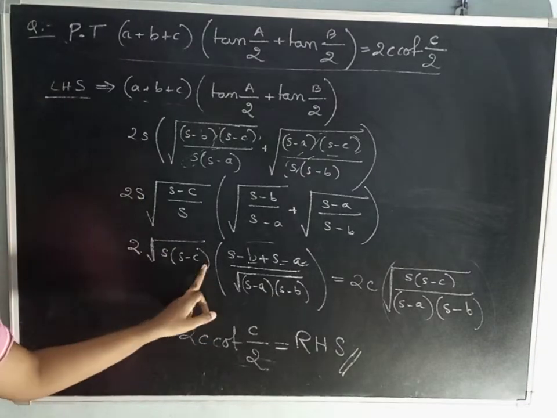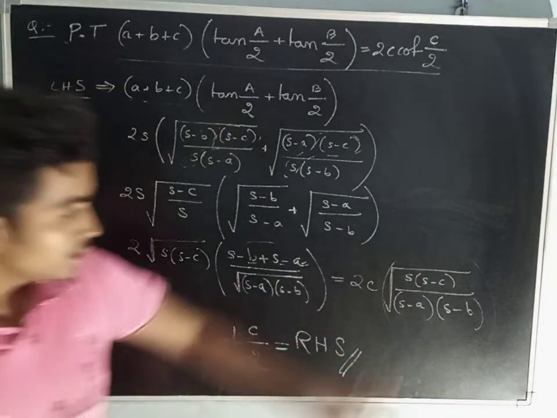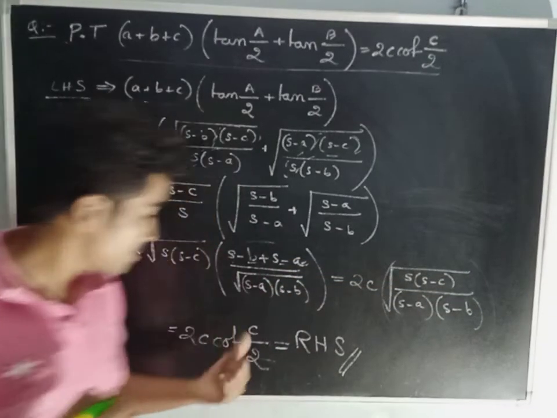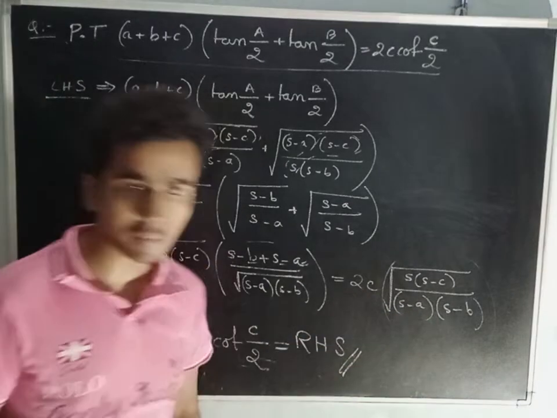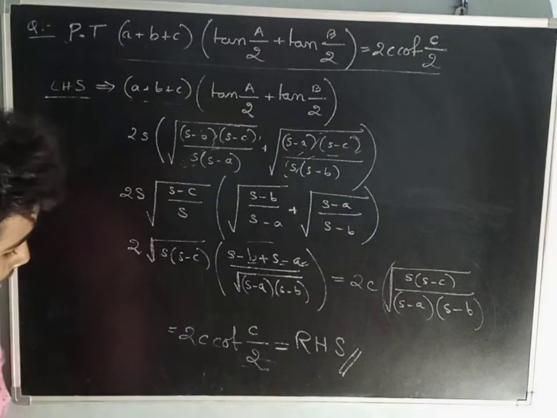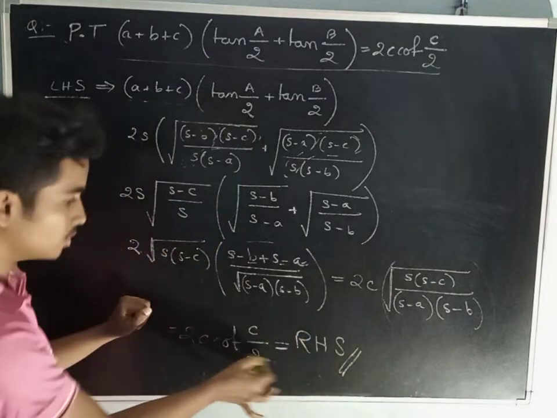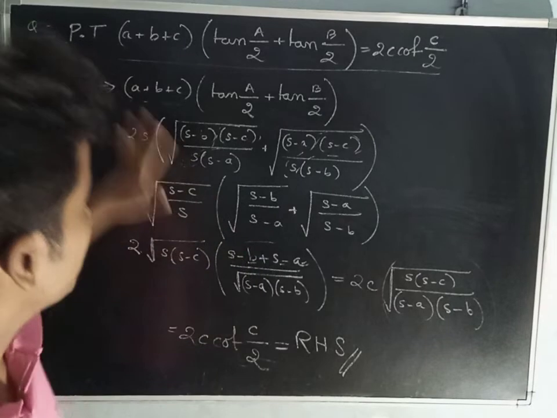So 2c into root s(s - c) by (s - a)(s - b). This directly indicates the simplest form, that is cot C/2, the direct formula for cot C/2. So I get 2c cot C/2, which is nothing but the RHS. That's what we had to prove, and we have proved it.